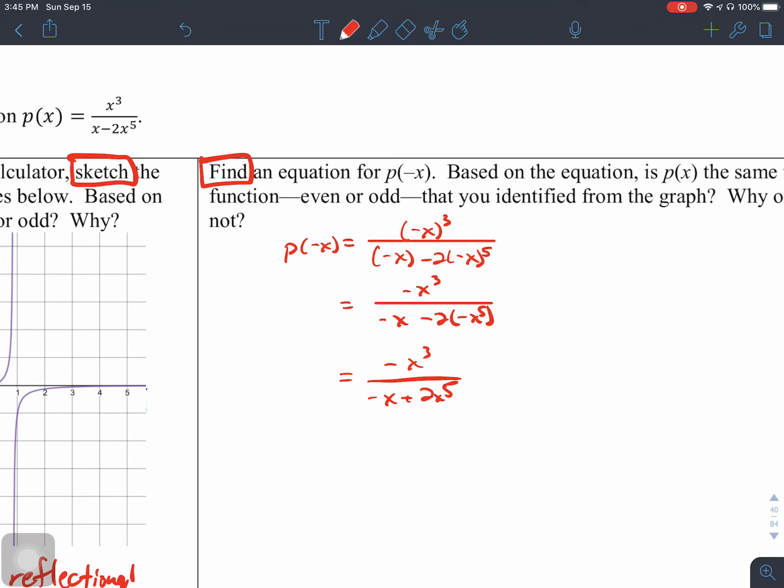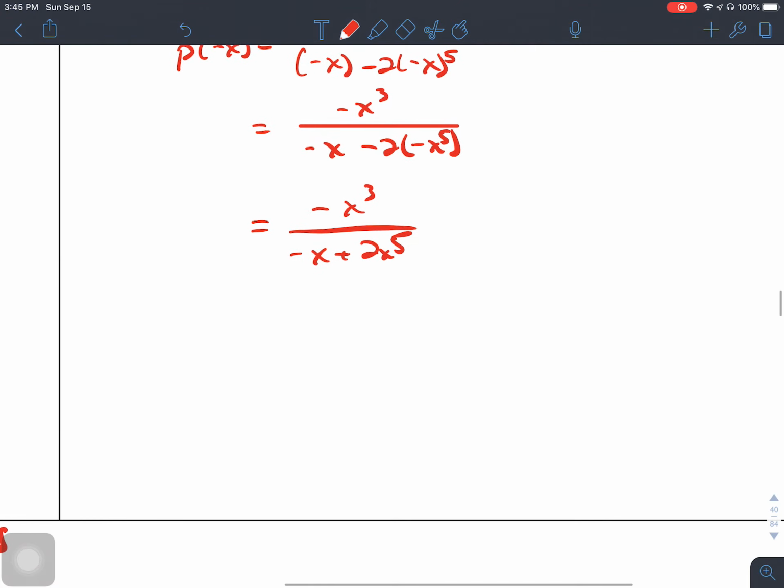The original was x cubed. Ours is negative x cubed. And the bottom is x minus 2x to the fifth. Ours is negative x plus 2x to the fifth. They look to be different. They're actually not. You can factor a negative 1 out of the bottom.